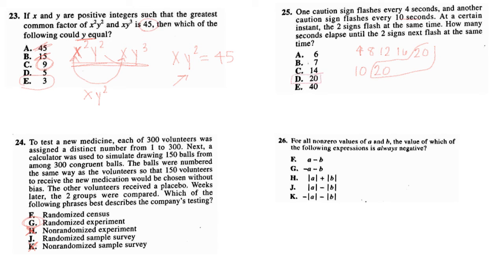Okay, now on to number 26. In number 26, we have for all non-zero values of A and B, the value of which of the following expressions is always negative. So always negative no matter what.